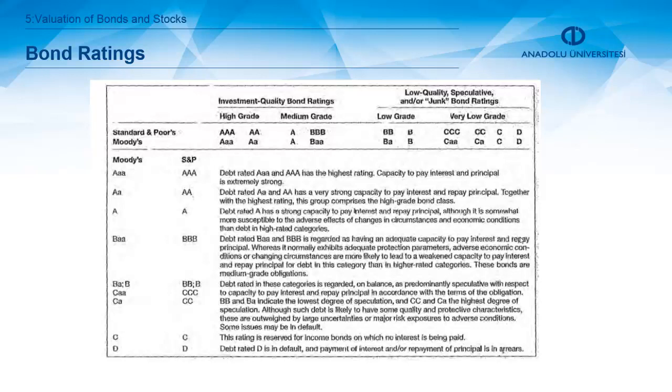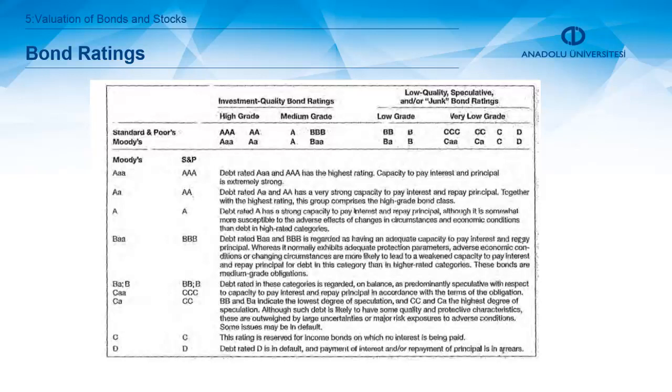And we have C there. It means that it is for income bonds on which no interest is being paid. And D is the worst rating. If D, it means it is in default and payment of interest and or principal is in arrears.